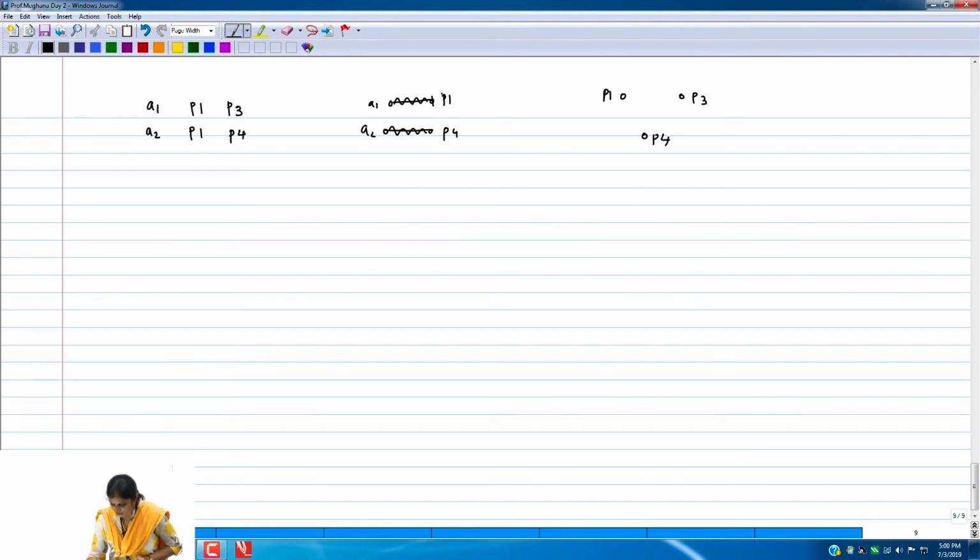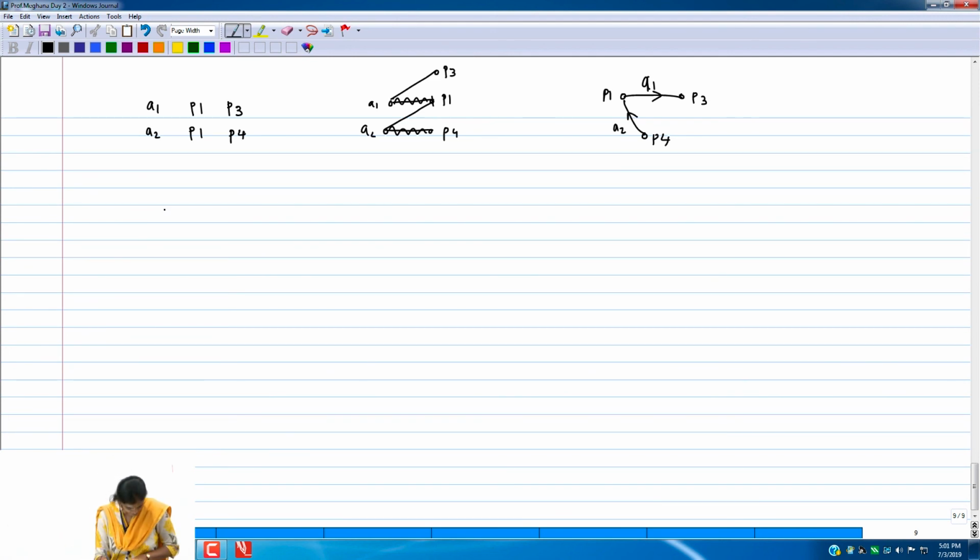Now if you are drawing the switching graph with respect to this, you will ask, is this post P1 matched, and what is its other post? It is actually P3. So it will have an outgoing edge to P3, and P4 will have an outgoing edge to P1, because this corresponds to A2 and this corresponds to A1. But P3 cannot have an outgoing edge because there is no applicant matched to it, and therefore there is no OM of that applicant. So in this graph, the unmatched post will not have an outgoing edge.